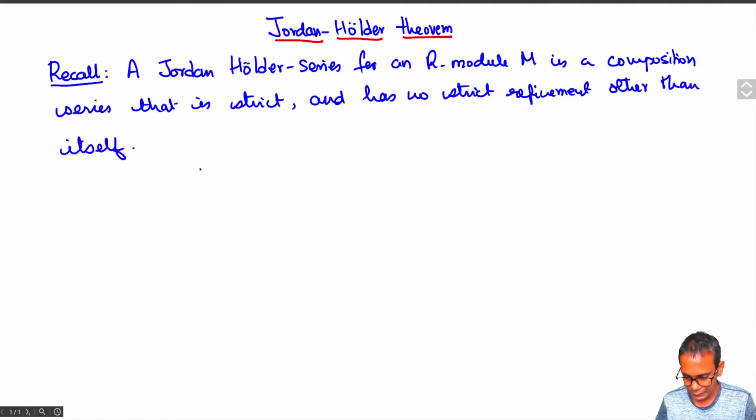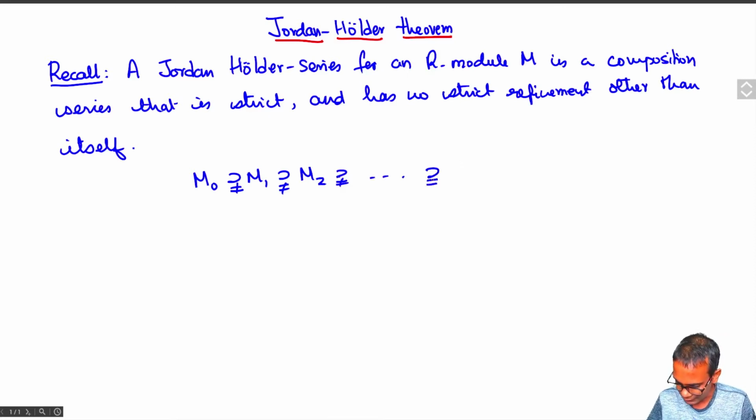So a Jordan-Holder series looks something like M0 contains M1 contains M2. Each submodule properly contains the next one. The last one is 0. And there is no way to insert new terms in between.